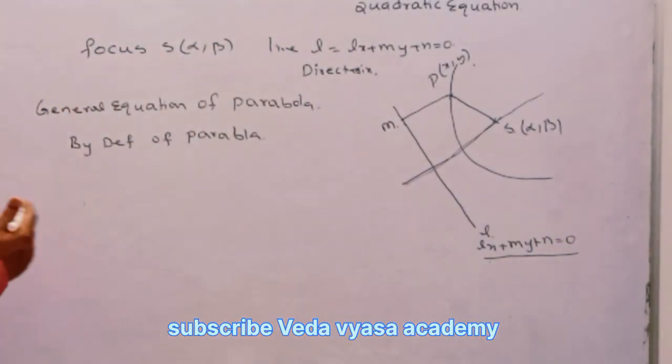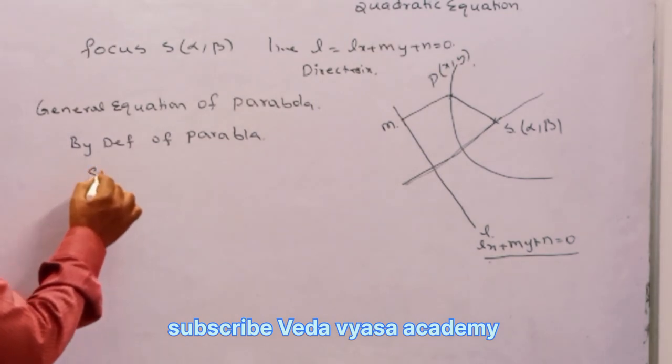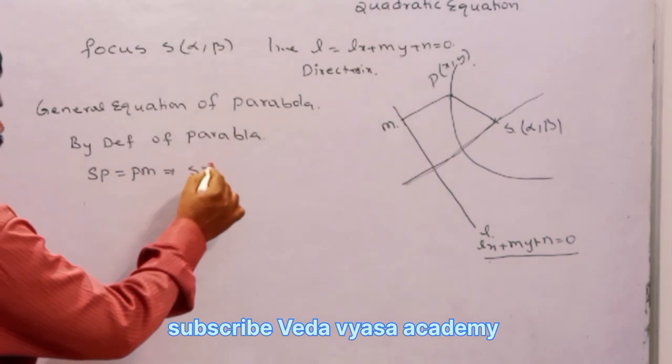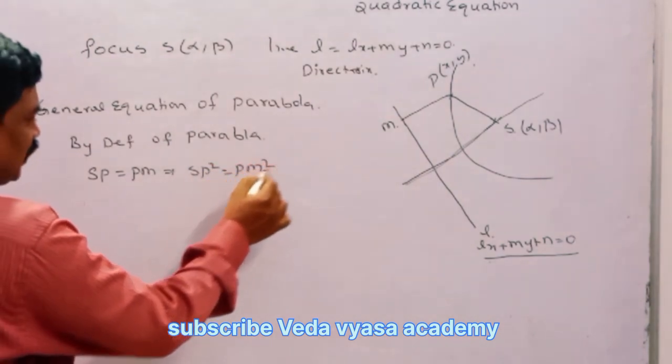Then SP is equal to PM, so SP square is equal to PM square.